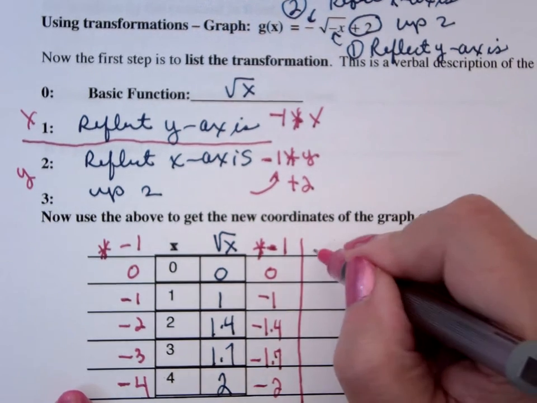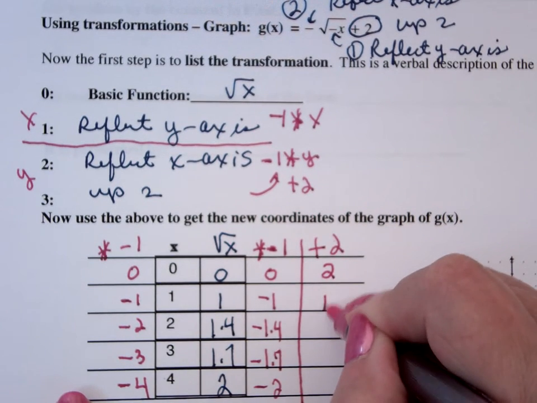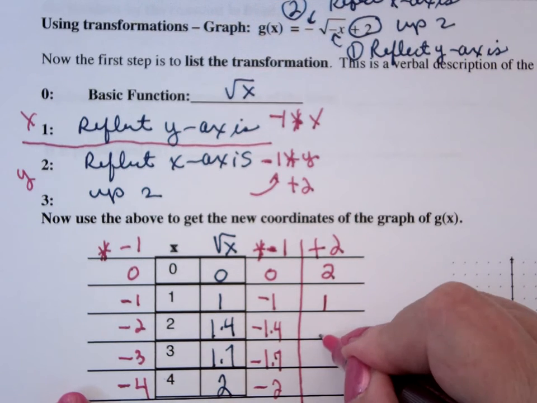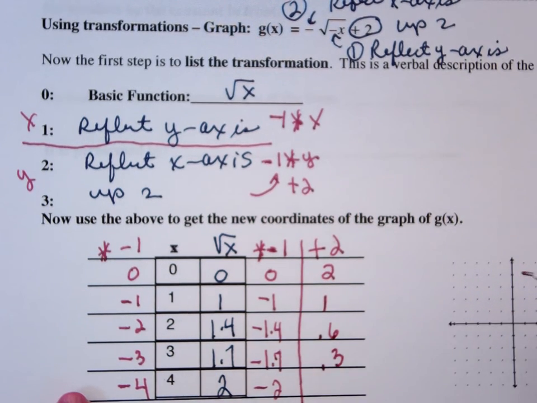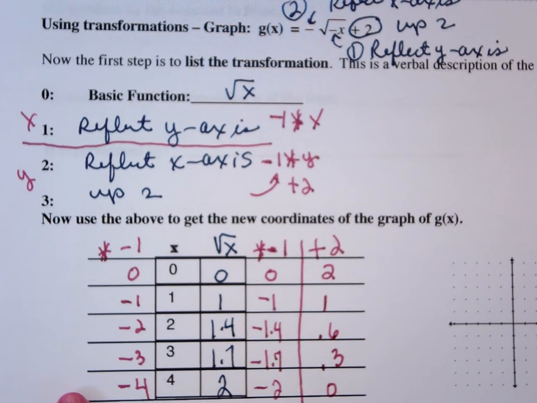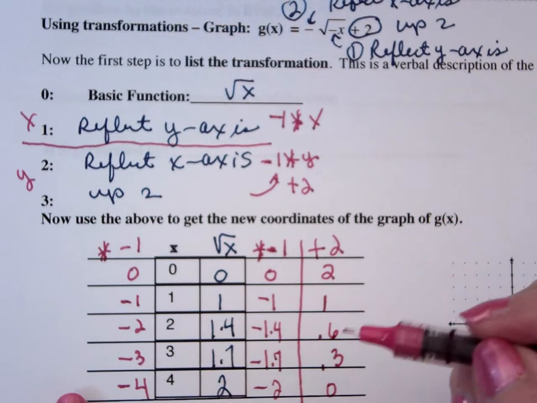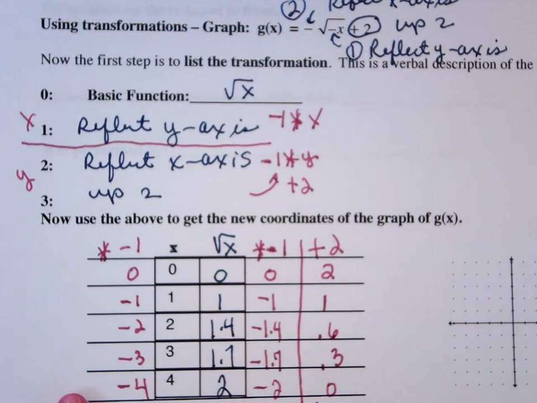And then I'm going to move him up 2, and that's going to be 2, 1, and now I have to think, 0.6, 0.3, and 0. God, this is a hard one, because I'm not used to thinking backwards. And that's my new set of coordinate points.